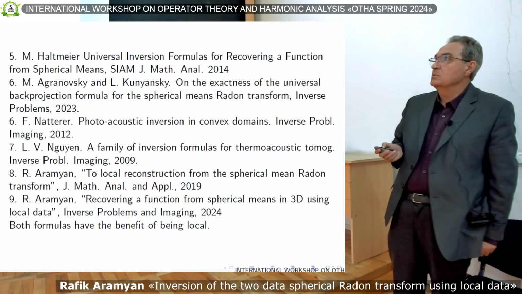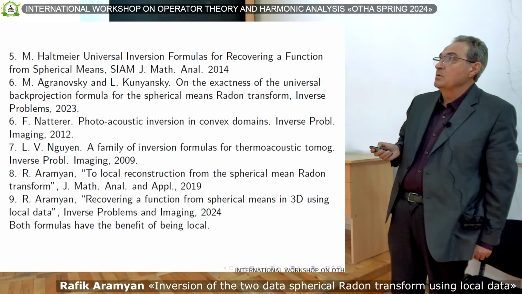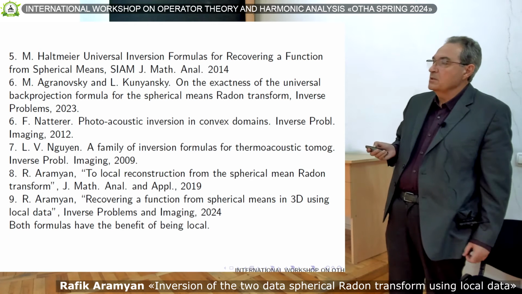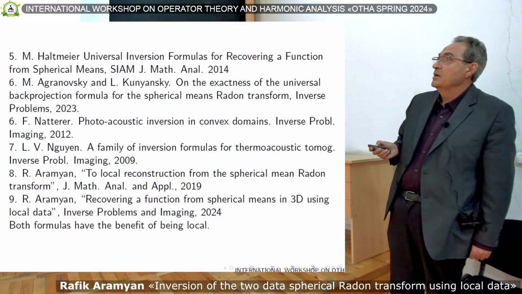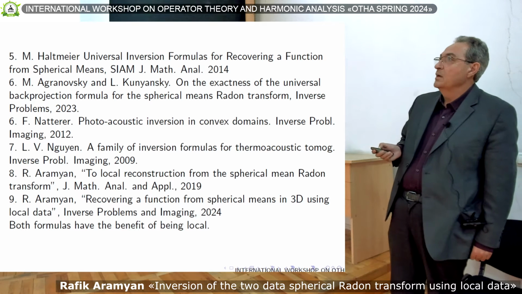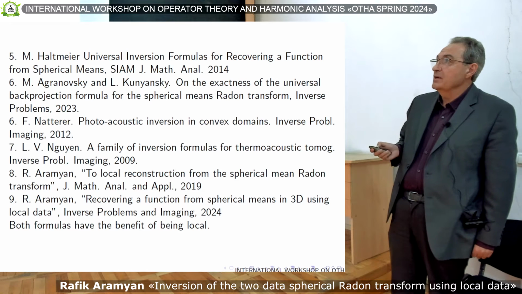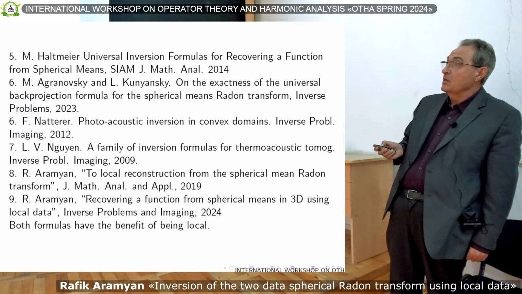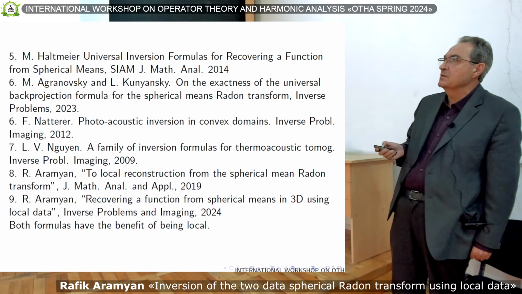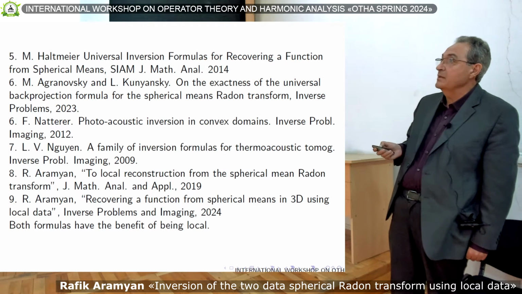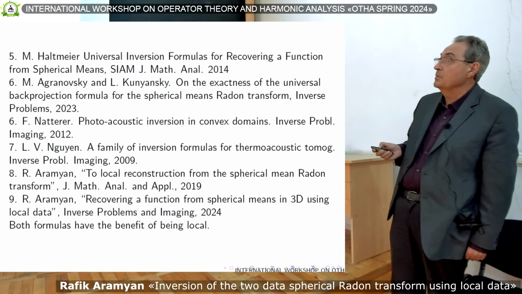Let me introduce two of my articles on this topic. In these articles, a new approach, which I called the consistency method, was suggested to invert the spherical radon transform. These formulas allow us to reconstruct the unknown function in the two-dimensional case, of course, where in the first article the centers are located on a line, and in the second article, the centers belong to a plane.